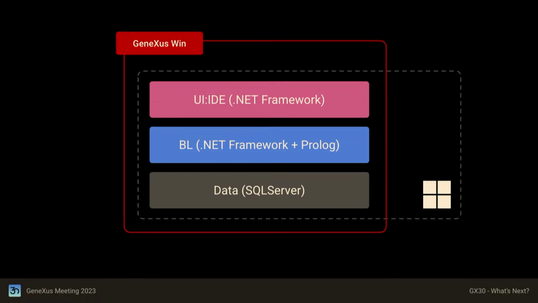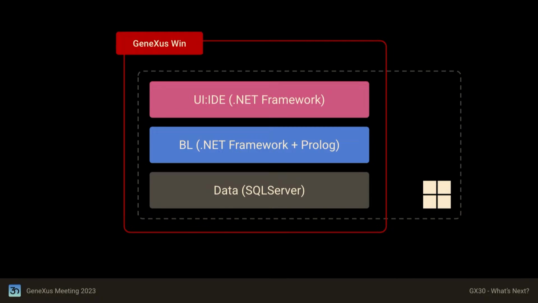Prolog is that, basically. The 75,000 rules he mentioned, right? They are in the Prolog language. And this is important because this is the engine that generates and creates the code. And finally, the data layer, where we keep the KBs in that SQL server.